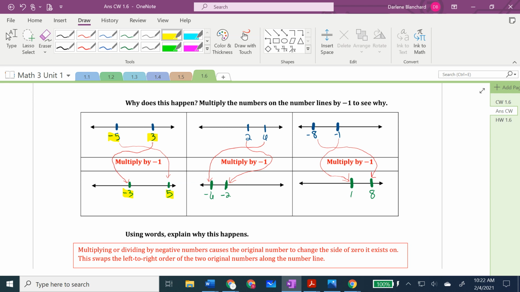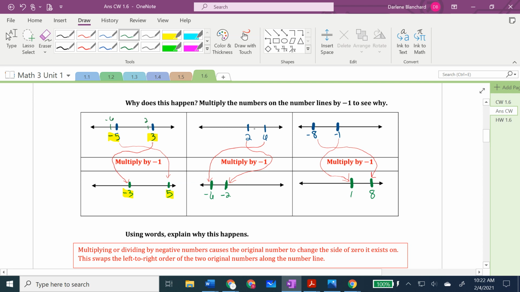That happens if you multiply by -1. But if I subtract 1, I'm not changing the order. If I subtract 1 and I go down to -6 and 2, that doesn't change which one of those is bigger versus smaller. It's only the multiplication, which is similar to division by a negative number.